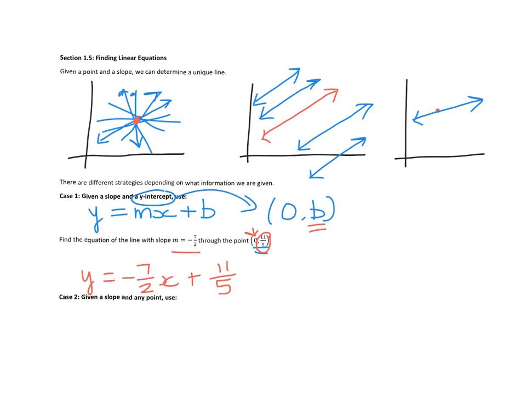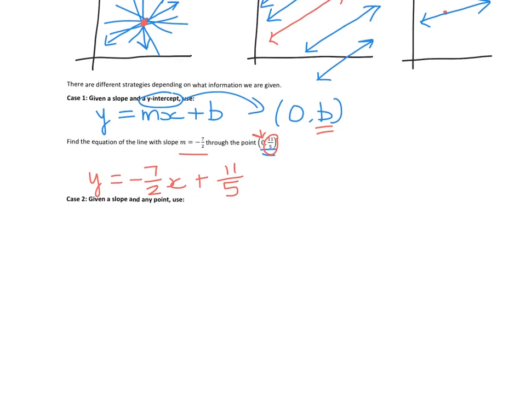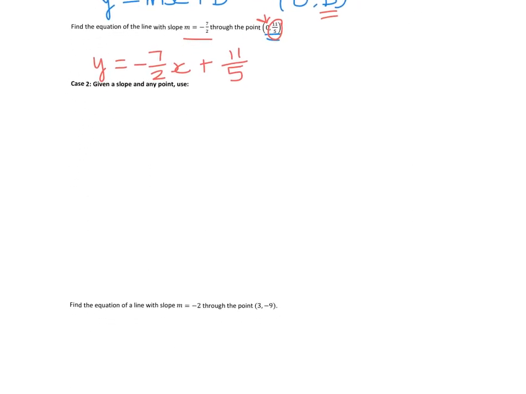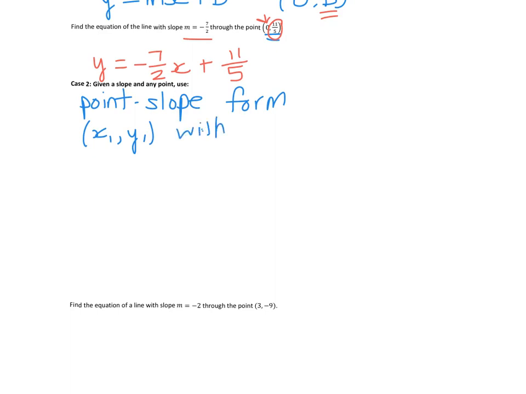The next level of difficulty is when we're given a point and any slope. And if that's the case, we use something called point-slope form. It's when we have a point, we'll just call it x1, y1, and slope m.